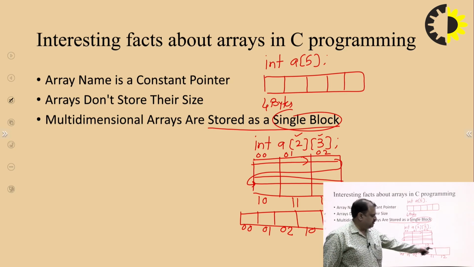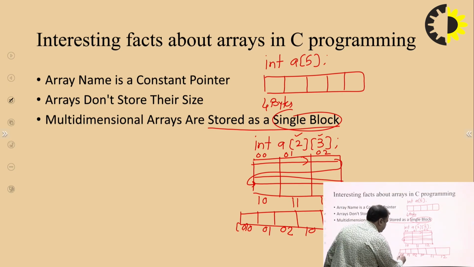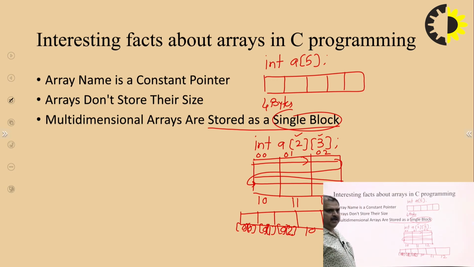So the indexes will be like this, 0 1, 0 2, like this. Okay, so these are some good factors which we need to understand before using arrays.